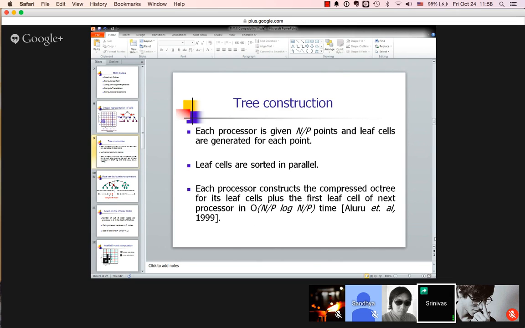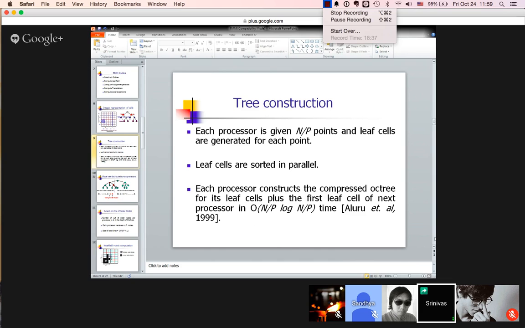So the first thing that I would do is, I'm given endpoints, so I will take n over p points per processor. Then I will take the XYZ coordinates of each point and turn it into the corresponding bit string representation of its leaf cell. We just talked about how to do this.